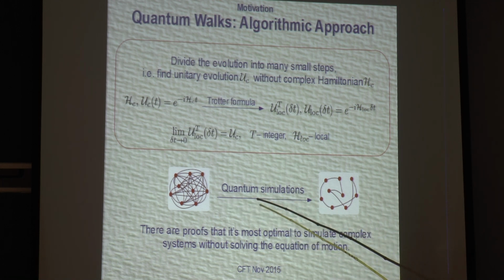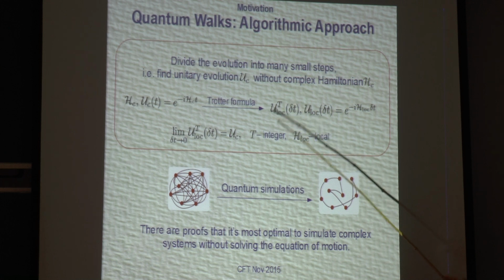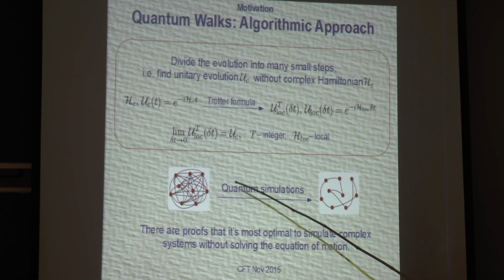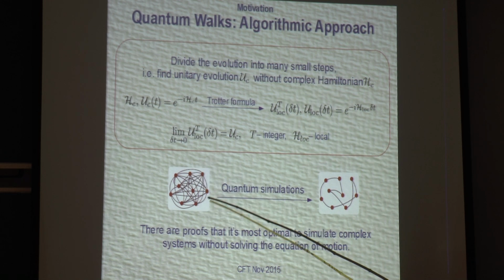This picture illustrates what I had in mind by these claims here. Instead of considering complex evolution of whole big system at once, we are decomposing this evolution into simple evolutions, for example, involving only next neighbor interactions, and we repeat this many times.